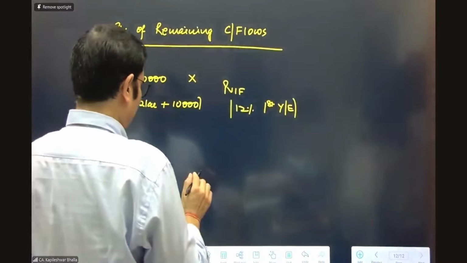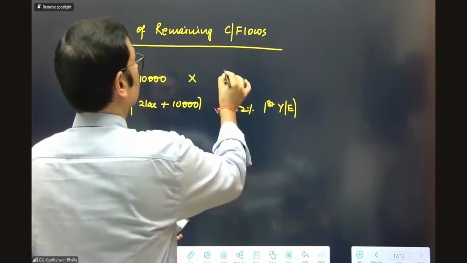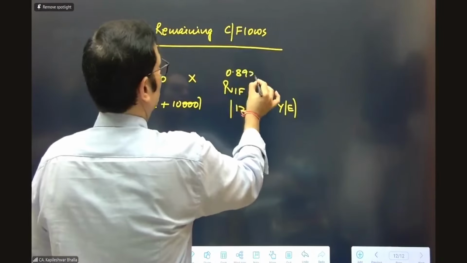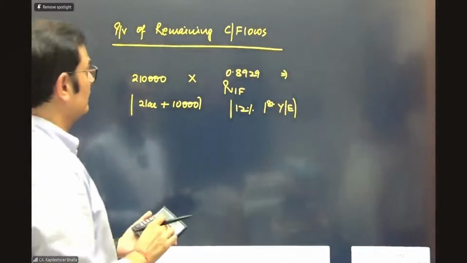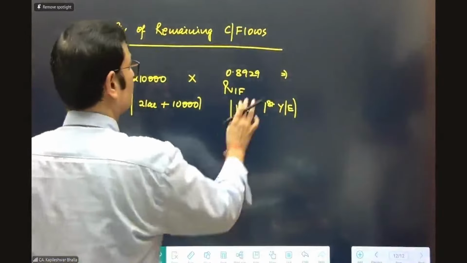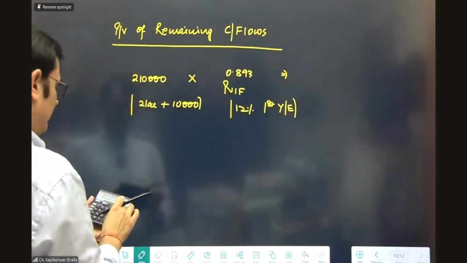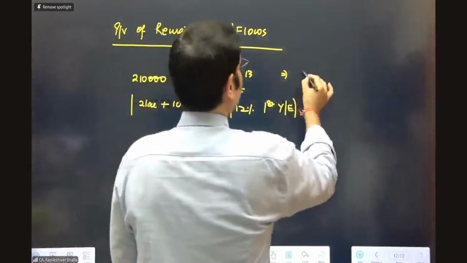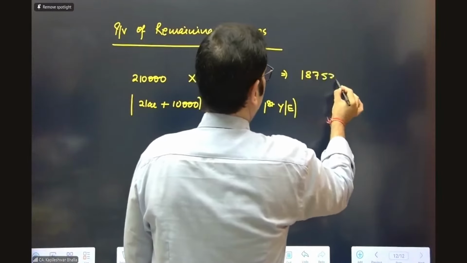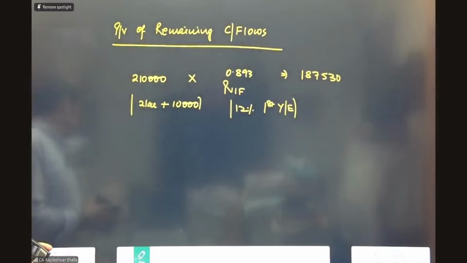That comes to 0.8929 if we take it till 4 decimal places. Or let's take it to 3 decimals, 0.893, because we'll get exact figure. So this is coming to 187,530. This is the present value based on the remaining cash flows in the books of accounts.